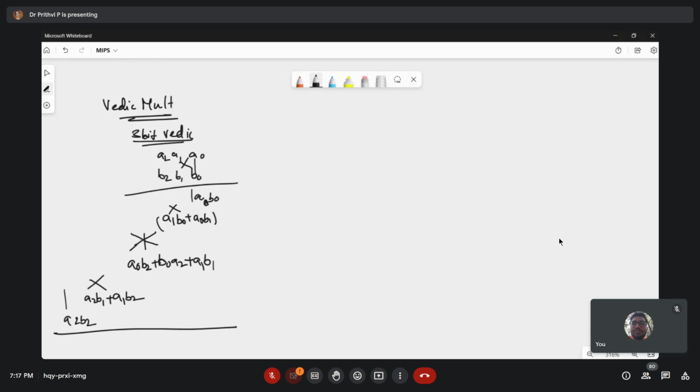Say 2-bit, if I give, you can understand that very well. B0, B1. First will be A0 B0, second will be the crisscross, and third. 3-bit means you'll have 5 steps, 2-bit you'll have 3 steps. The minimum multiplication I took.